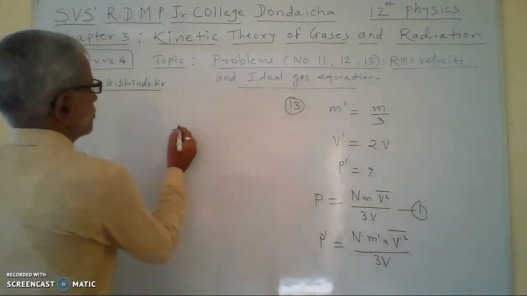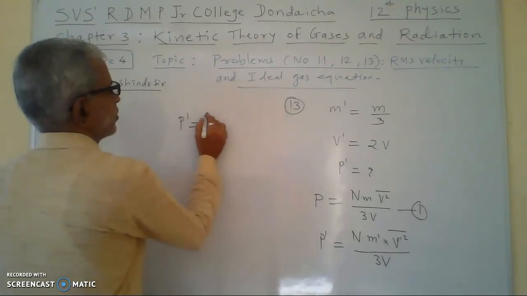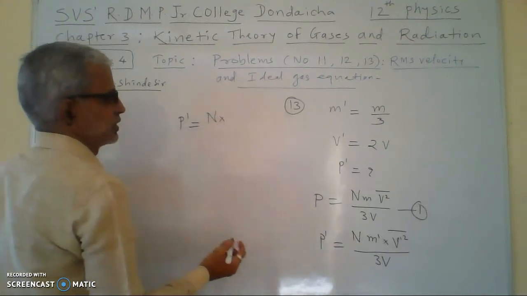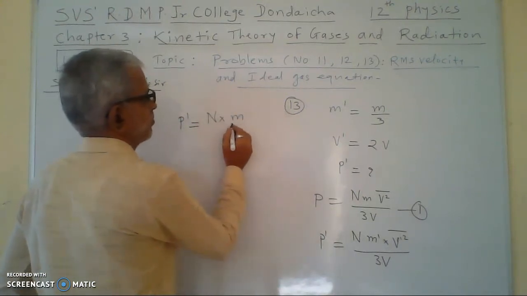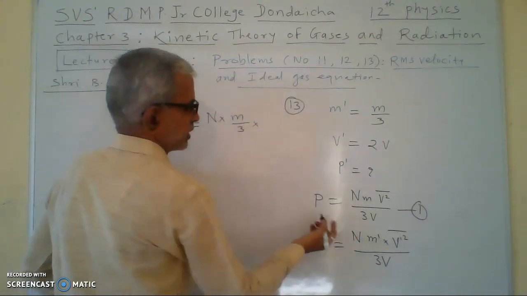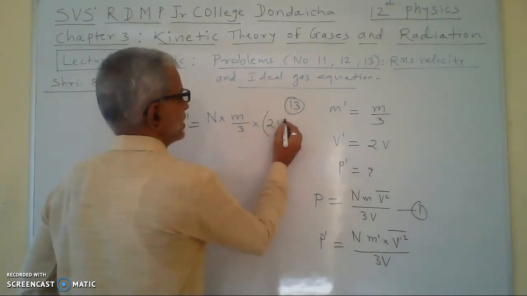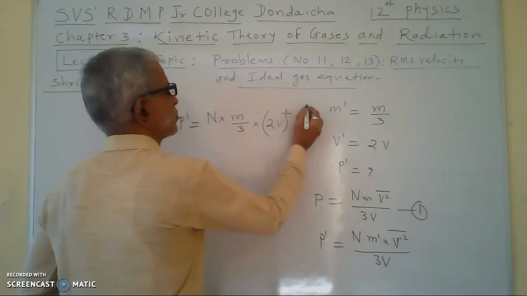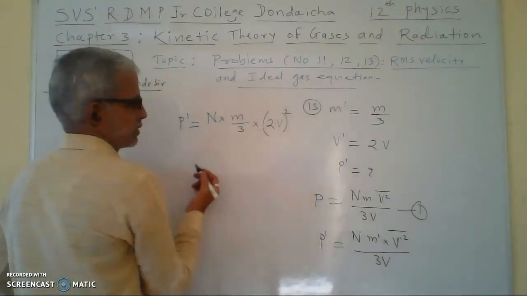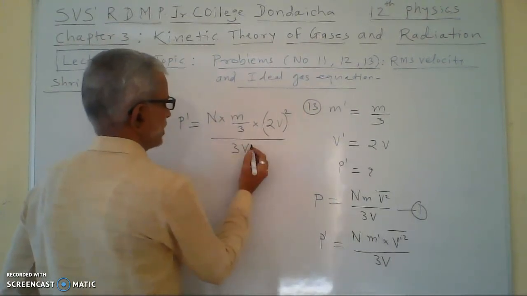So p dash is equal to number of molecules as it is, then m dash is equal to m upon 3, then v dash. What is v dash? It is twice v, twice v square. Then it is divided by 3V.